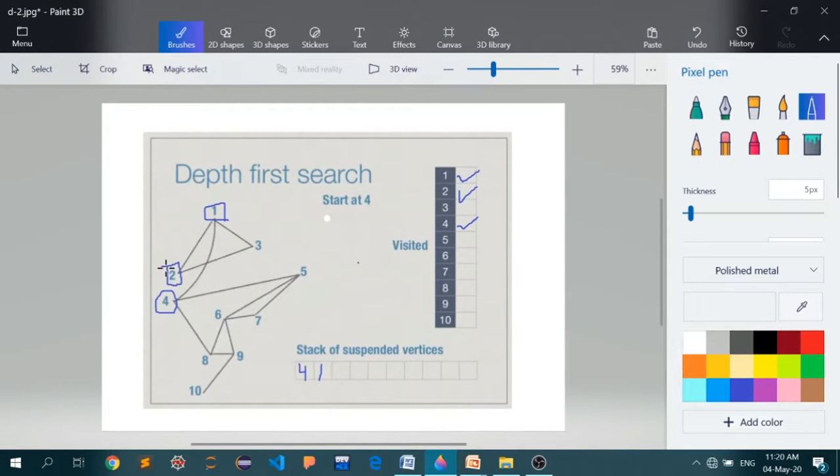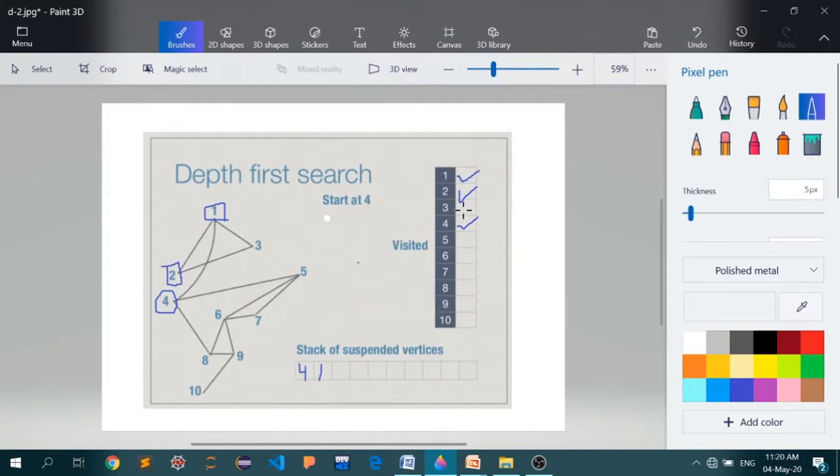Now we are at vertex 2. I will look at the neighbors of 2. Node 2 has a neighbor called 1. Now 1 has already been visited, so I will not go into that, and I will have only one option left, the third node.